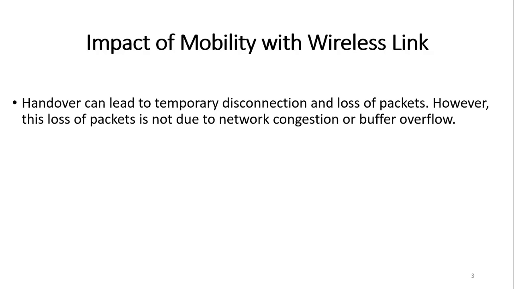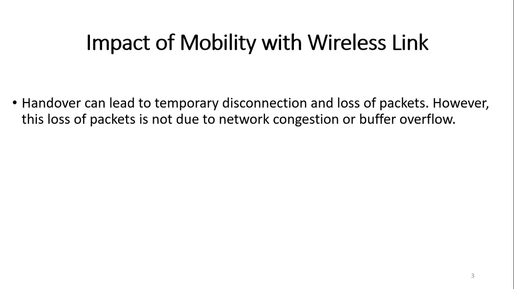It may not always be the case; in 3G they use soft handover, so the connections are retained. But it may be the case that you have a temporary disruption. You're not connected temporarily.